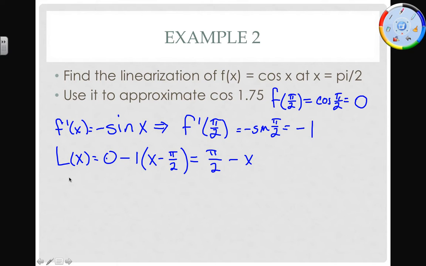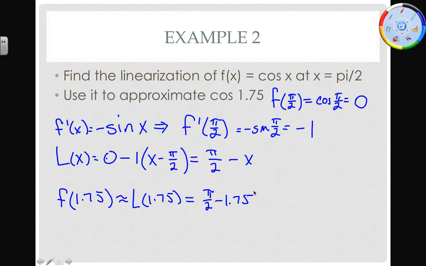Now don't forget the purpose of this linearization function. I can now say, okay, f of 1.75 is approximately equal to L of 1.75, which is equal to pi halves minus 1.75.